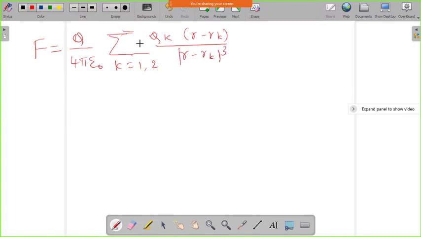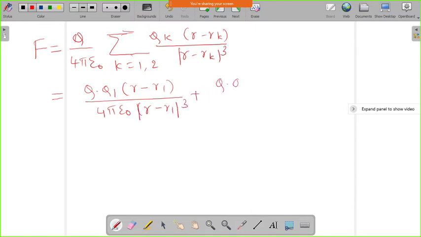Now you can substitute the k values, which gives q into q1 (r minus r1) divided by 4 pi epsilon naught |r minus r1| whole cube plus q into q2 (r minus r2) divided by 4 pi epsilon naught |r minus r2| whole cube. So this is what we need to find out.